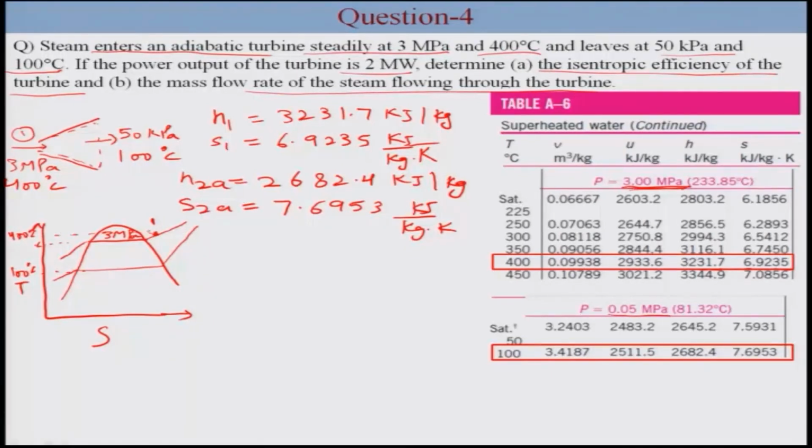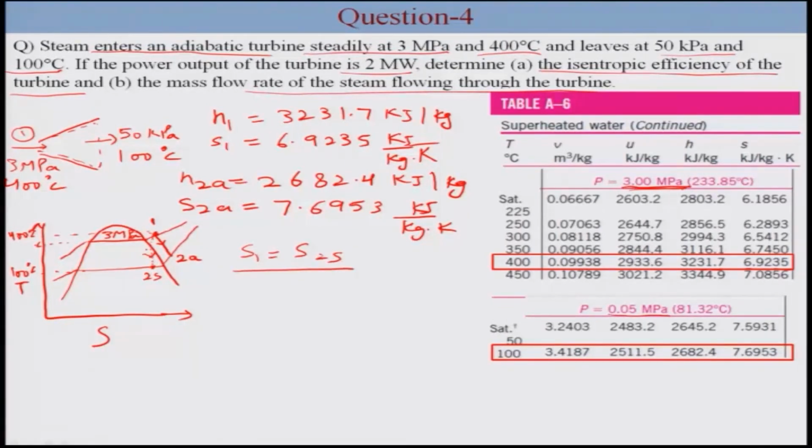Now, in the actual process it is moving like this. So, this is point 2A, but for an isentropic process the entropy will remain constant and it will go vertically like this. This is represented as point 2S. So, here S1 is equal to S2S. This represents an isentropic process.